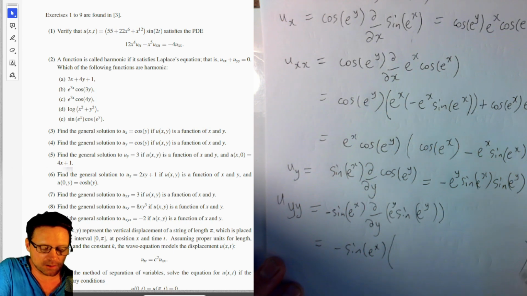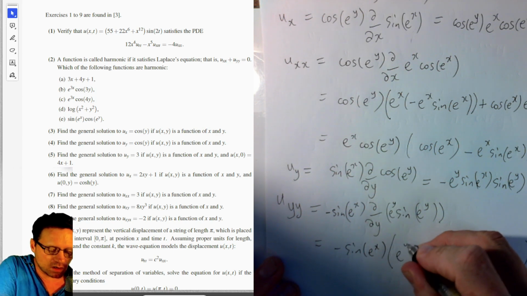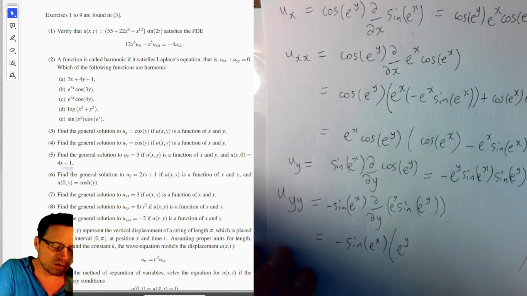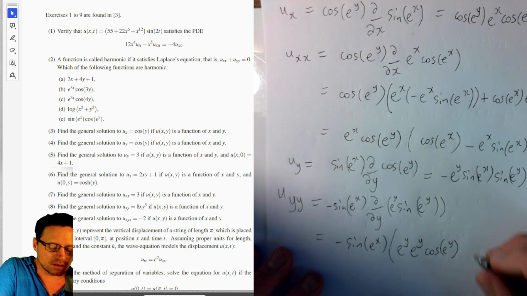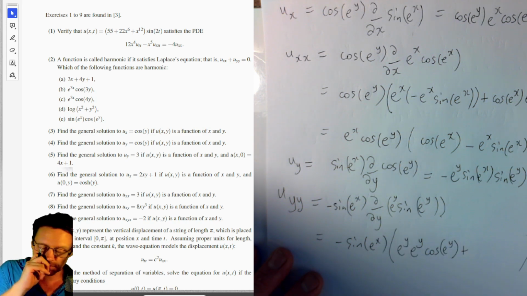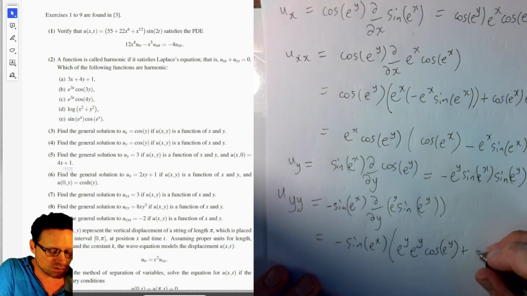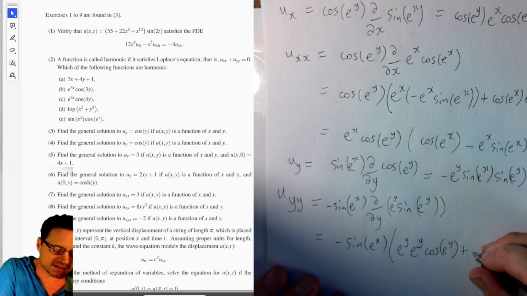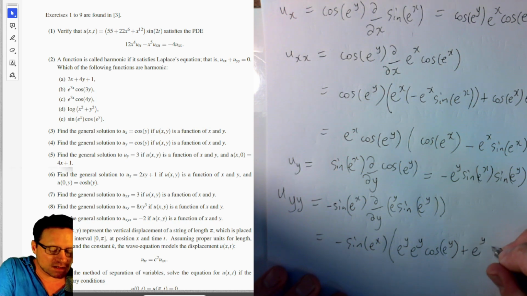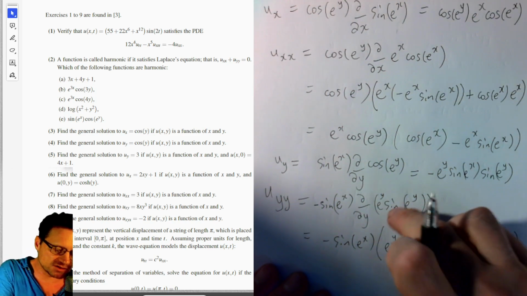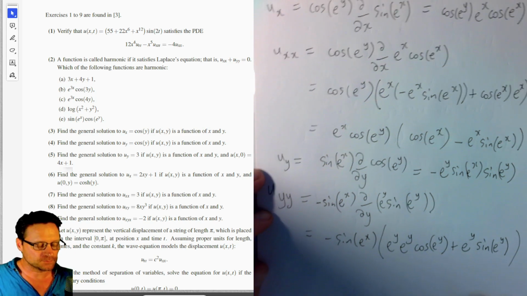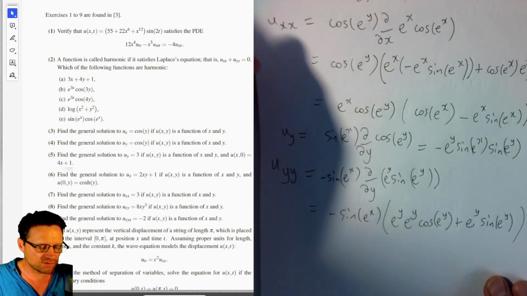So big bracket here. So e to the y times the derivative of sine of e to the y, which is e to the y cos of e to the y. And then plus, now we swap around. So the derivative of e to the y is e to the y. And then we have sine of e to the y. Okay, so we've used the product rule and the chain rule to differentiate this product. So now let's factorize.